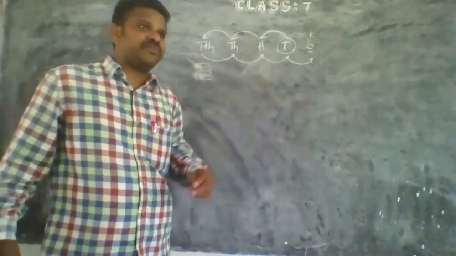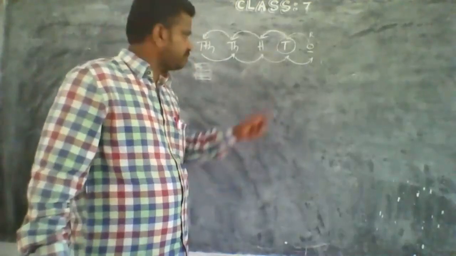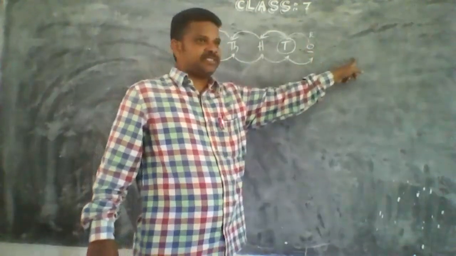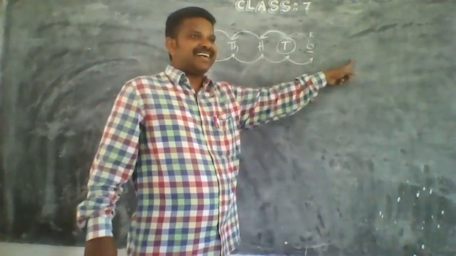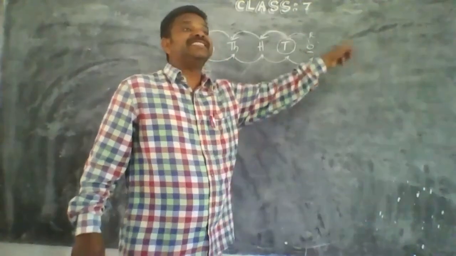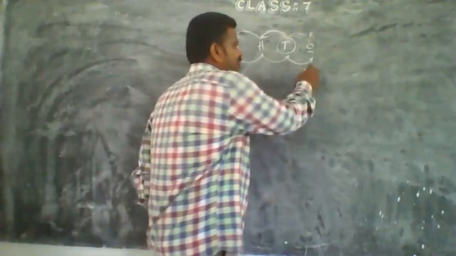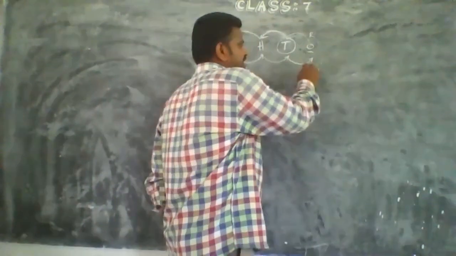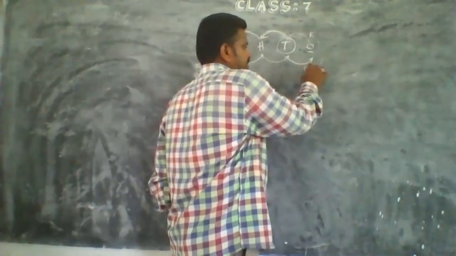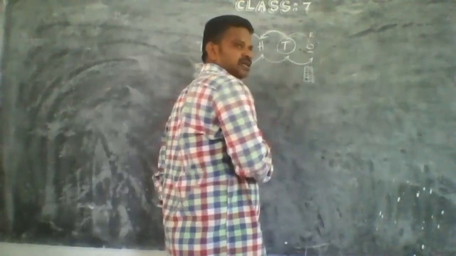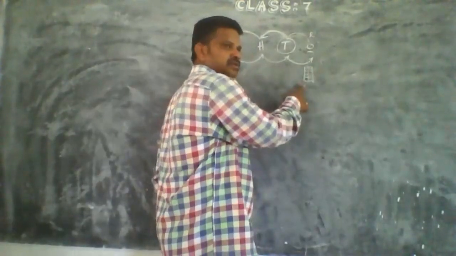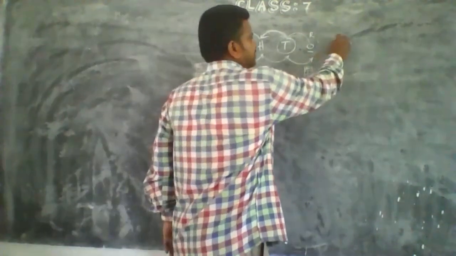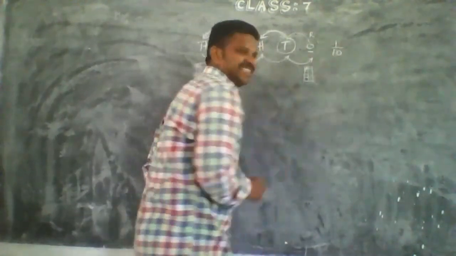Take 1 and divide it into 10 parts. Each one part is 1/10.